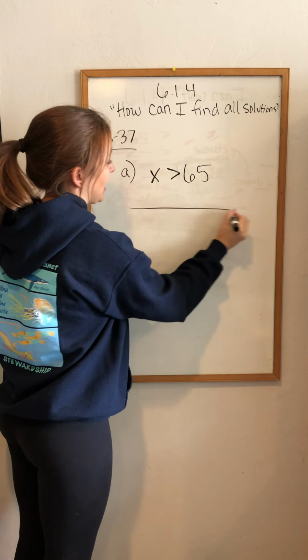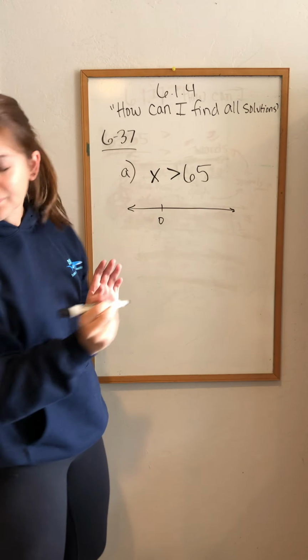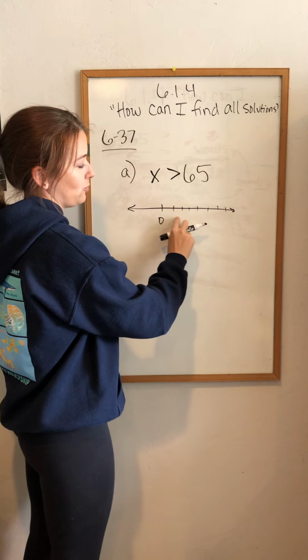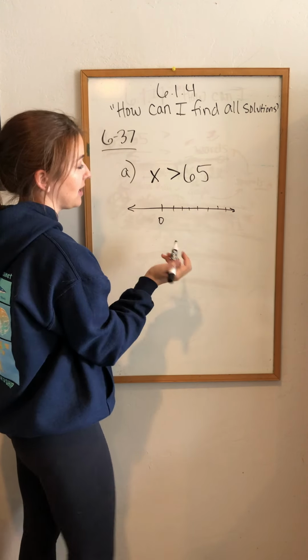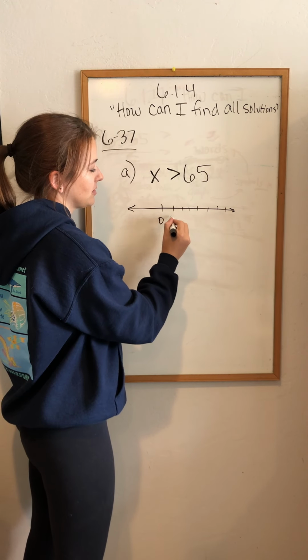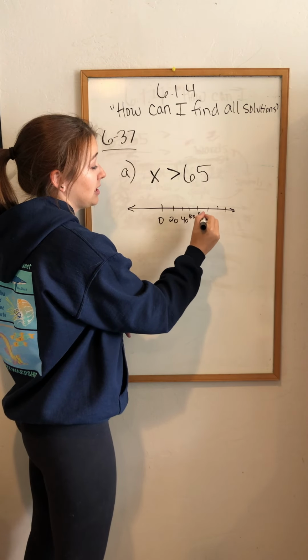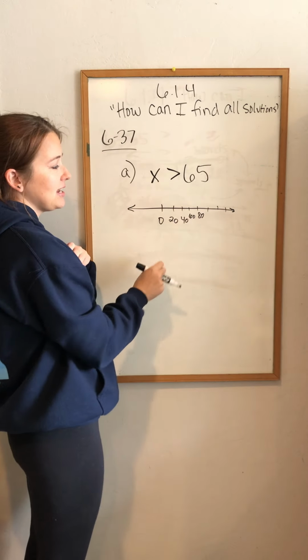And on the number line, I did these quickly because I didn't want to write out 65 in ones, you know, like 1, 2, 3, 4, 5, 6, 7, all the way to 65. So I picked a number that would be easier to work with. So I did 20s. So I counted by 20s, 20, 40, 60, 80. Okay, and to graph it, I went in between 60 and 80.